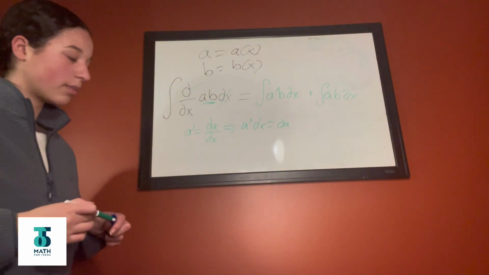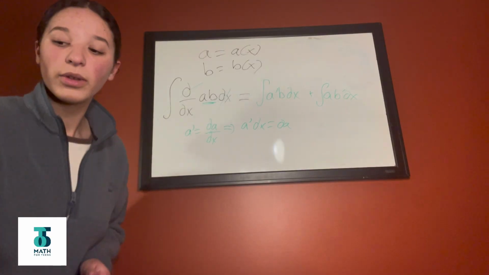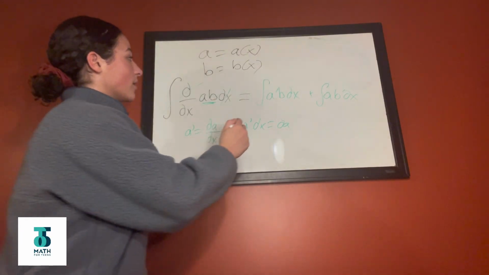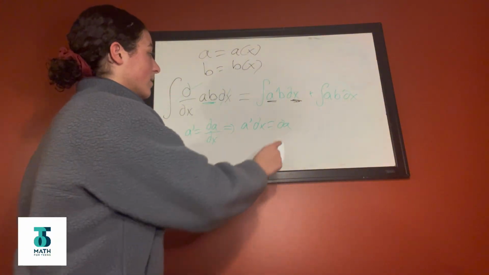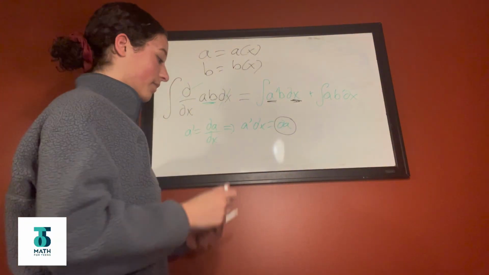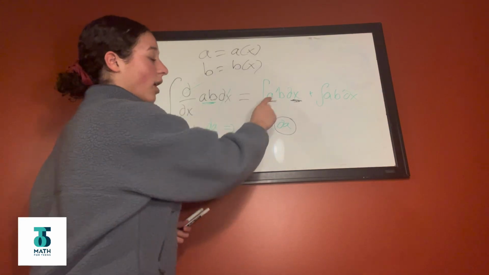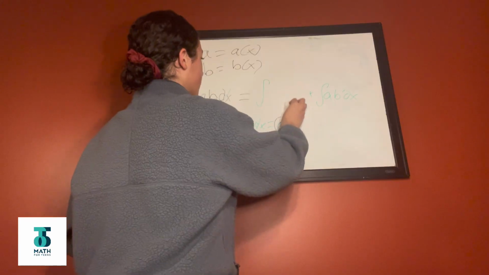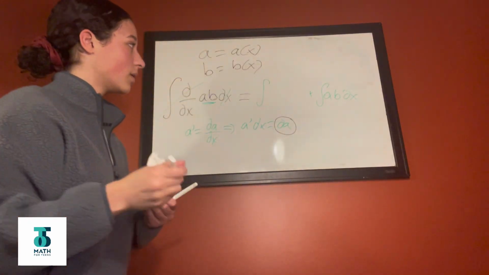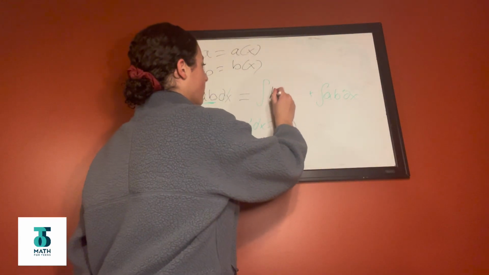Okay, this is interesting, but why did I do this? Well, you might notice in our equation, we have a prime dx. And yes, you can sub that with dA. So this simply becomes b dA. So it's the integral of b dA.